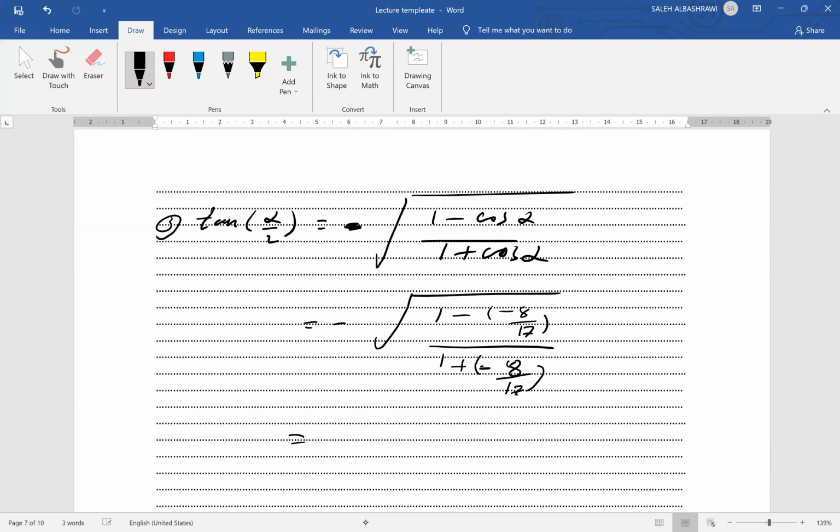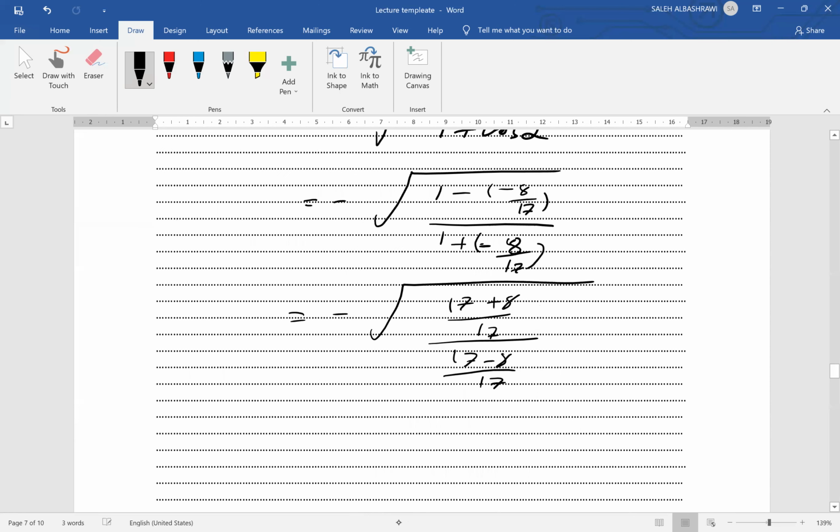Which can be written as negative square root of (17 plus 8 over 17) over (17 minus 8 over 17). Cancel this 17 with this one.